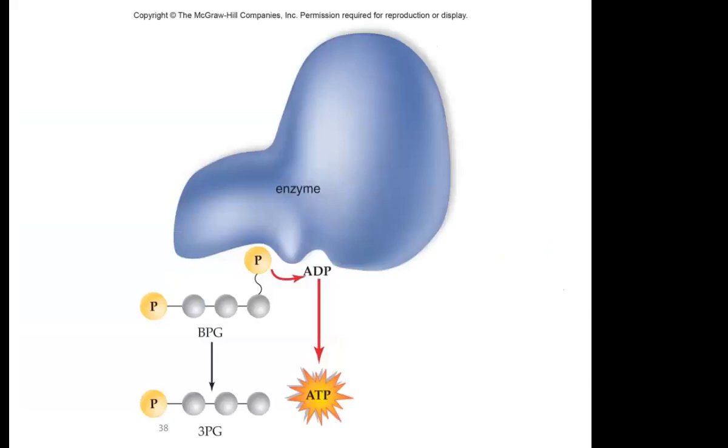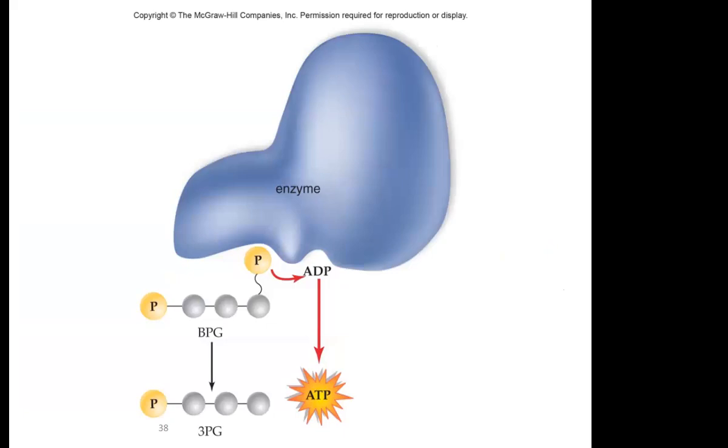Here's another picture of substrate level phosphorylation. And I want to show this because it's very interesting. Does BPG and 3PG sound familiar? You remember it from the Calvin cycle? So what's going on there? When you take a phosphate from BPG, it becomes 3PG.